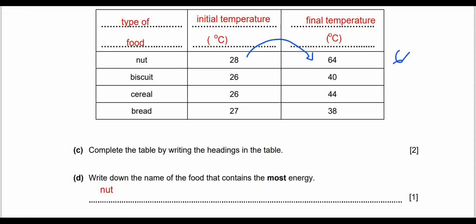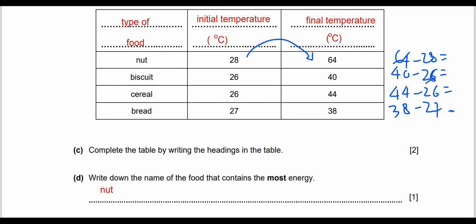So 64 minus 28 will be 36. 40 minus 26 will be 14. 44 minus 26 will be 18. And 38 minus 27 will be 11. So this is the greatest temperature difference. That's why that is the answer.